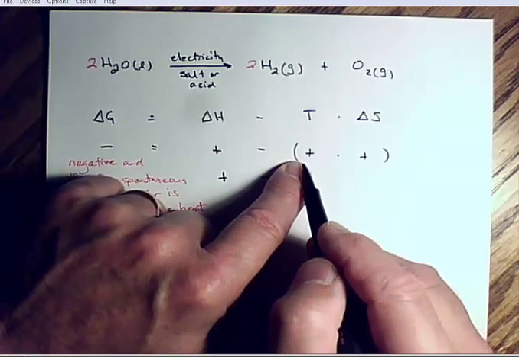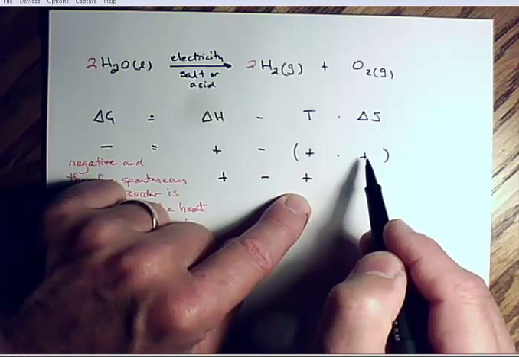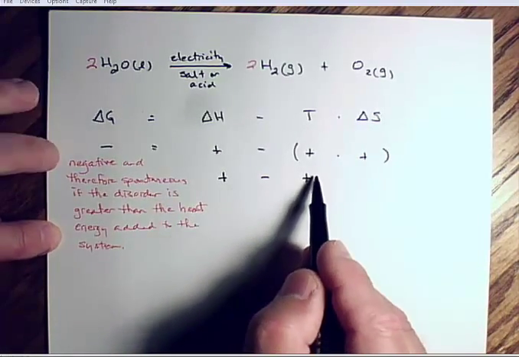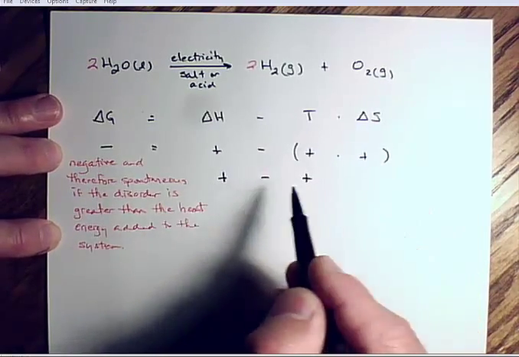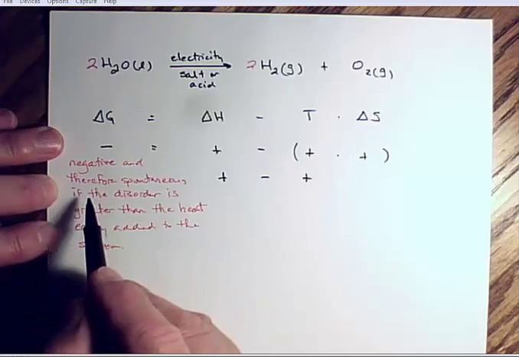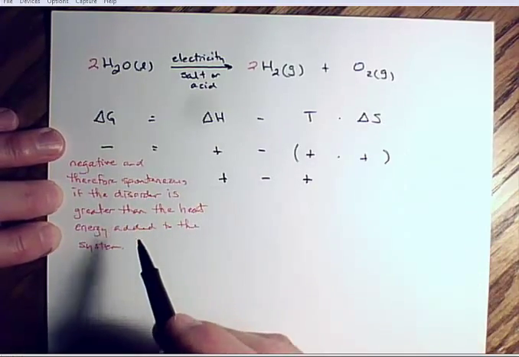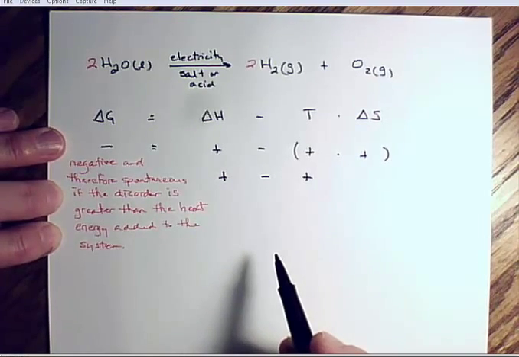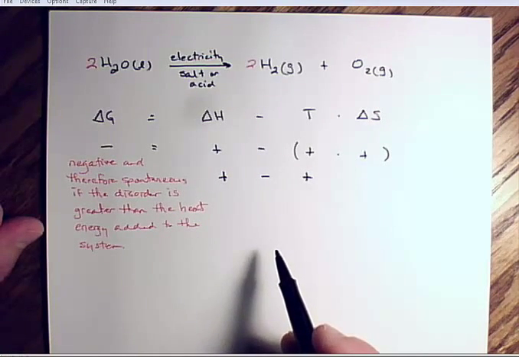Since the temperature is not going to change, the only thing that's going to make this more positive is if delta S is bigger. You with me? So the only thing affecting the fact that the second term, this combined term here, is bigger than this first term is if delta S is bigger. Therefore, it's spontaneous if the disorder, this delta S term right here, is greater than the heat energy we're adding right here. See what I'm saying? Claim, evidence, reasoning. Okay, got it?